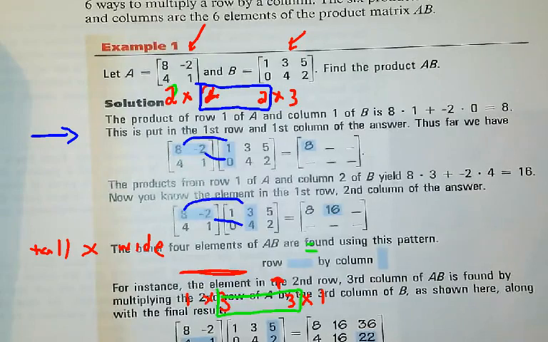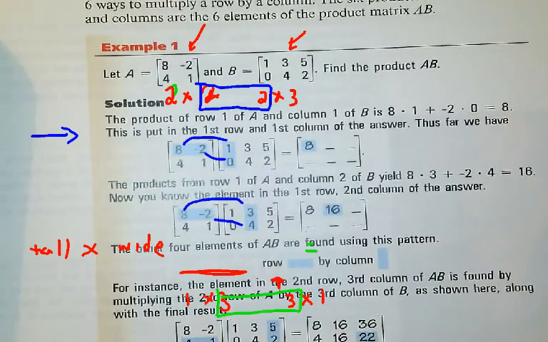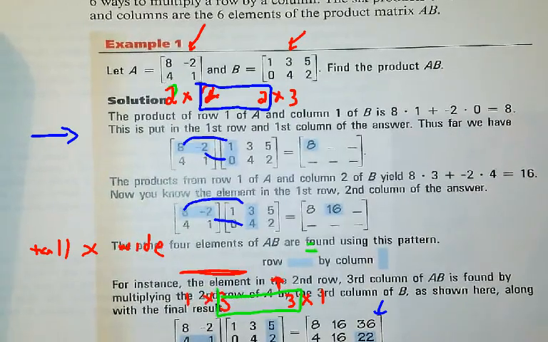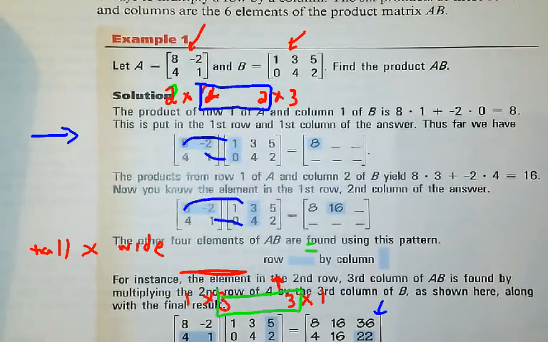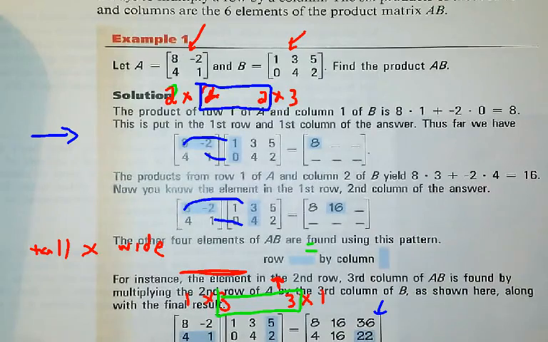That's 16. And then they would do 8 times 5. That's 40. And negative 2 times 2, that's negative 4. So 40 minus 4 would be 36. See? Right down there. Yay! That's what your calculator's doing each time it does this. It takes the top row times all 3 columns, and then it takes the bottom row times all 3 columns, and then it'll give us an answer like this.